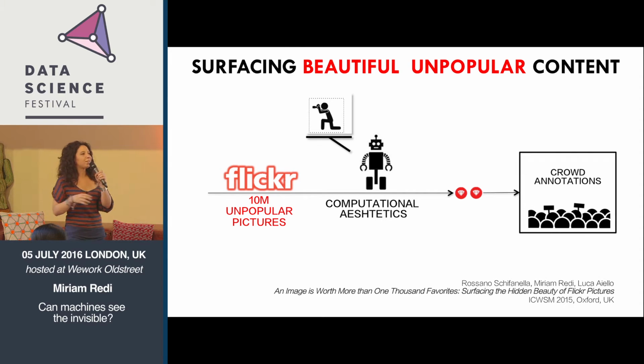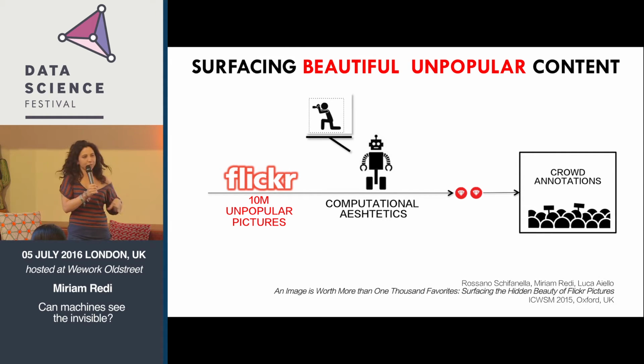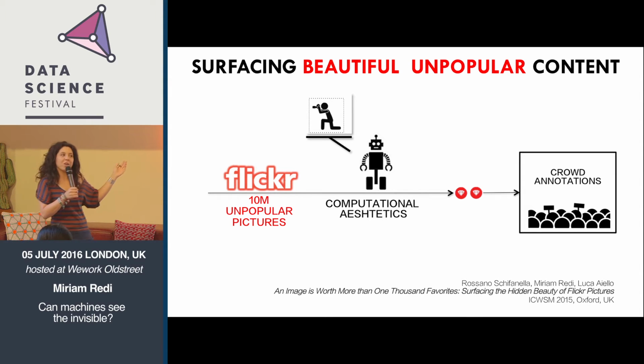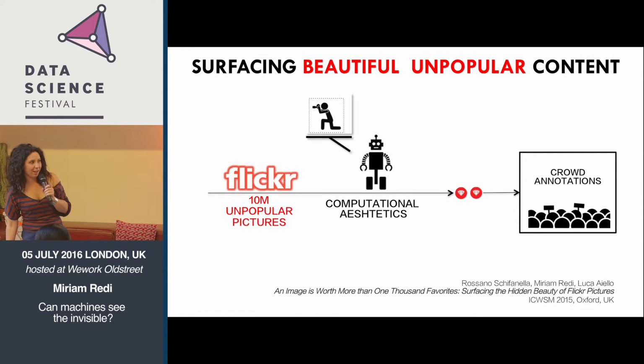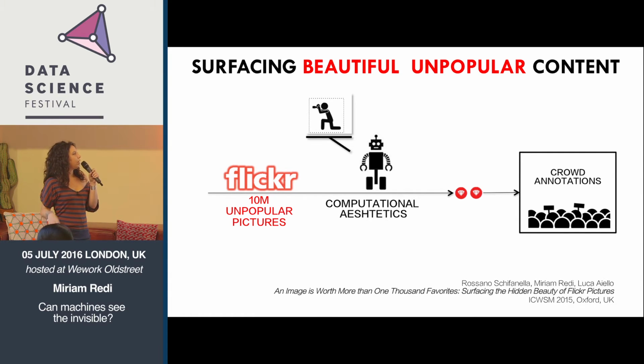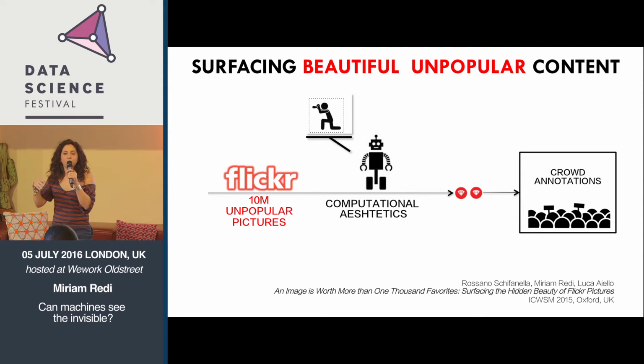Now we could stop here and say, okay, the machine has spoken, let's go and do something else. However, because we can't yet trust this type of machine, we go back to the crowd. We ask people again to annotate the beauty of these surfaced gems together with other pictures from Flickr that are from different buckets of popularity.